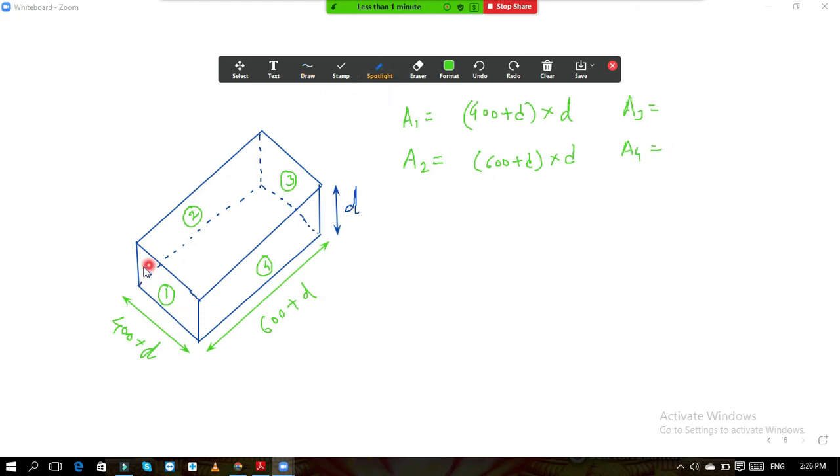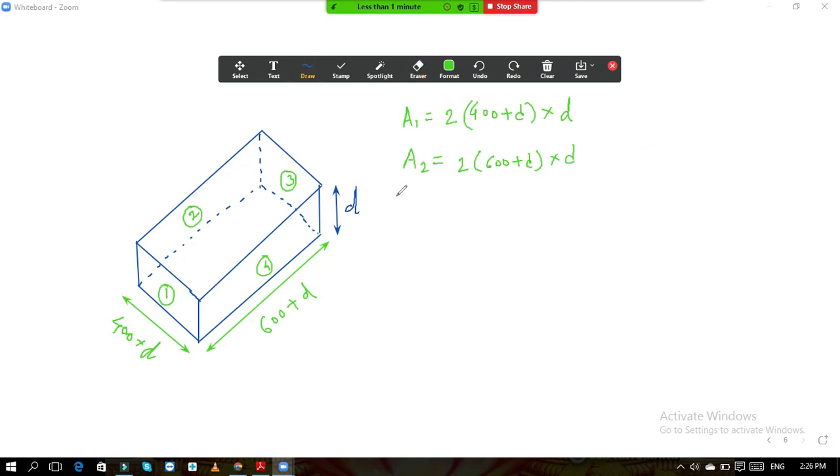Whatever is the area of A1, that is also the area of A3. And whatever is the area of A2, the same area will be for A4. So I can multiply A1 by 2 and A2 by 2, so that we get all the areas. I hope this is understood.